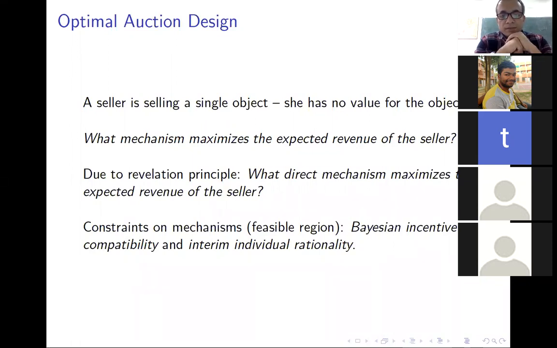And Myerson uses Bayesian incentive compatibility and interim individual rationality. So it's a pure optimization problem. You can think of this maximization of expected revenue as some kind of an objective function, and the two sets of constraints are basically the Bayesian incentive compatibility constraints and the interim individual rationality constraint.